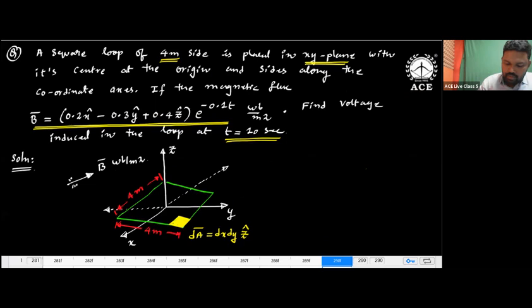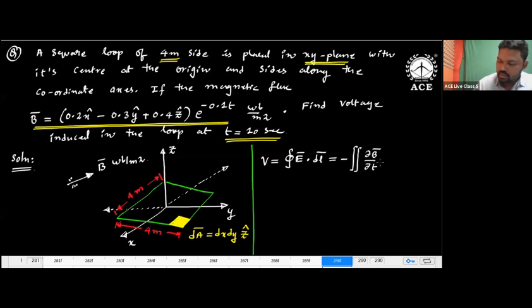So everything is vector here. EMF induced in the loop, voltage V is equal to closed line integral of E dot dl, which is equal to minus surface integral of dou B by dou t dot dA.